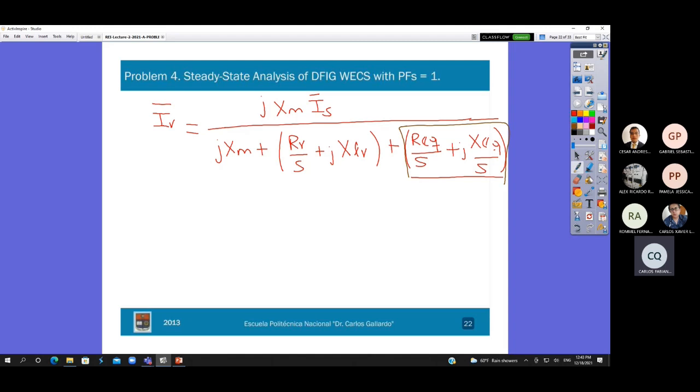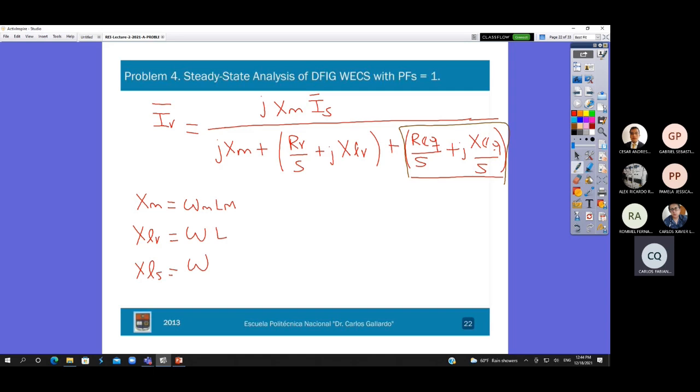So in order to compute the magnetizing reactance, it is equal to the speed times the magnetizing inductance. The same for the rotor leakage reactance, and the same for the stator leakage reactance. I need to multiply the speed times the leakage inductance.